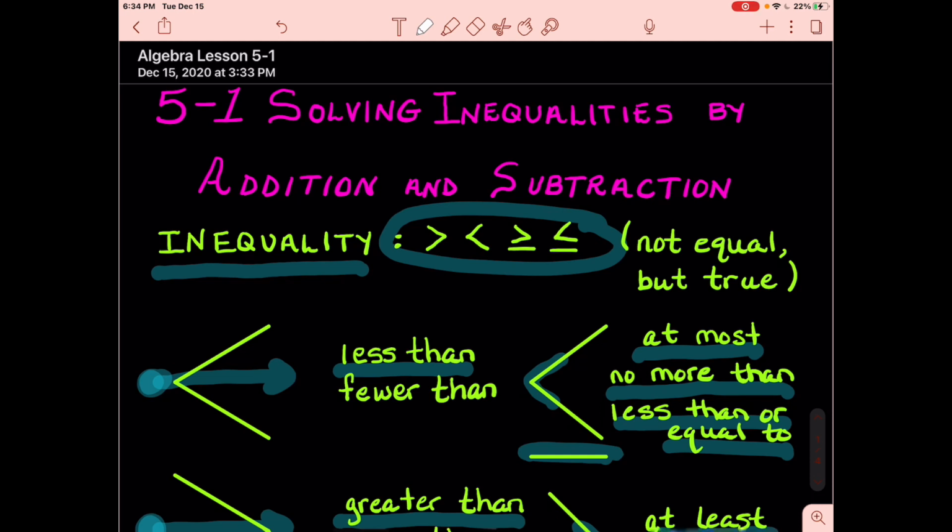One thing I wanted to tell you, if you go to YouTube and you search 5-1 solving inequalities by addition and subtraction, you will get more videos than you could ever watch, I think, by other teachers teaching out of the same textbook.